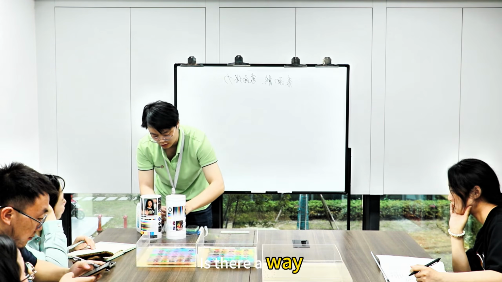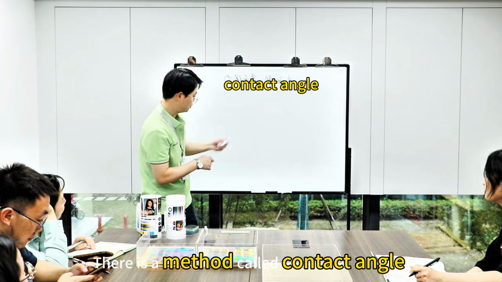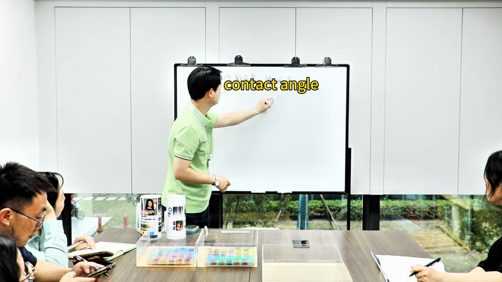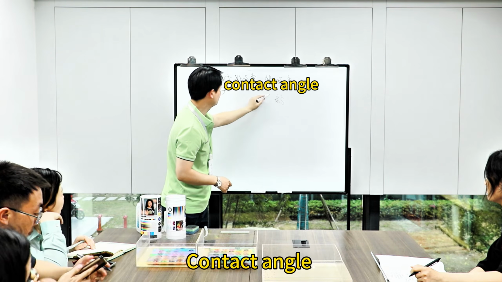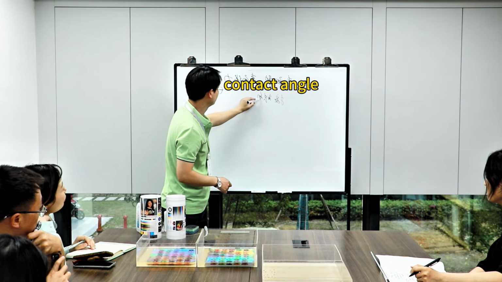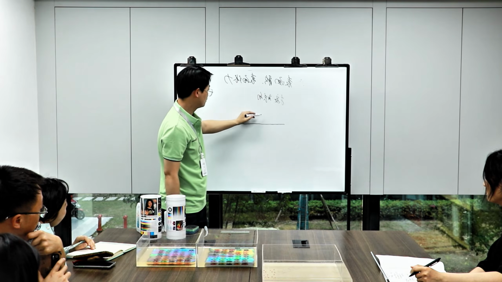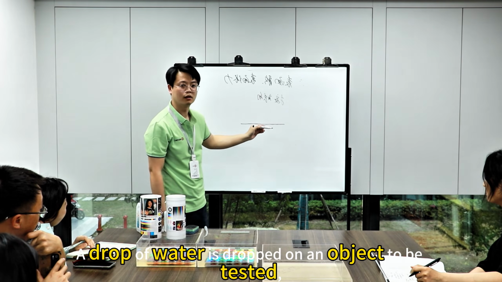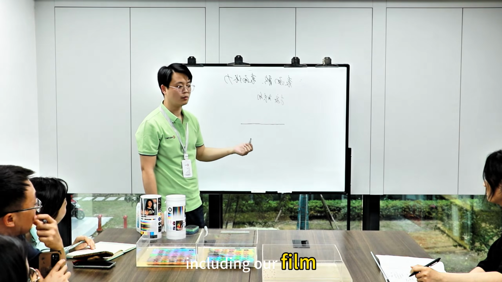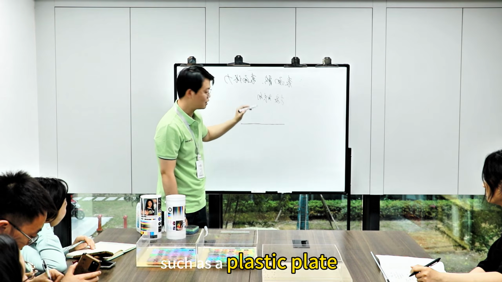Is there a way to accurately measure it? There is a method called contact angle. Contact angle is a standard test method. A drop of water is dropped on an object to be tested, including our film, or other objects, such as a plastic plate.